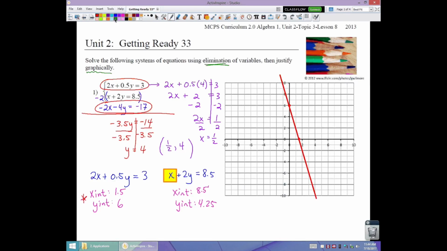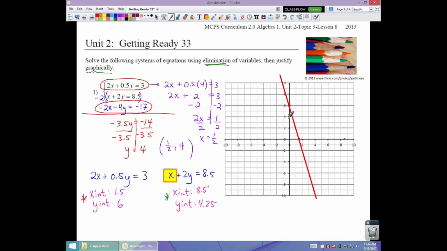All right, I'll do the next one in green so we can tell them apart. The x-intercept is 8.5, and the y-intercept is 4 1/4. So I've got to estimate that. Here's 5, here's 4, so about 1/4 of the way to 5. Whoops. I just put that in the wrong axis. I'm sorry. The y-intercept is 4 1/4.